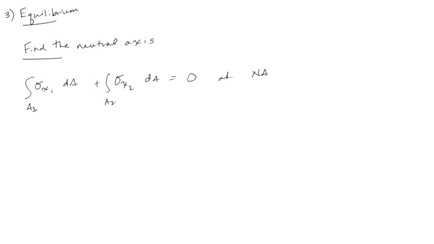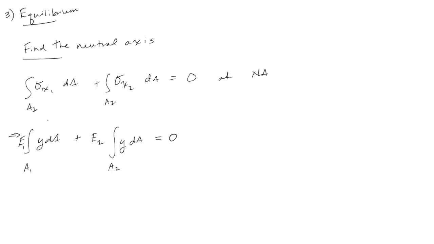Let's plug in our expressions for stress to simplify this down. We end up with E1, after canceling out kappa because it's constant, integral of y dA over A1, plus E2 integral of y dA over A2. That had better be equal to 0.